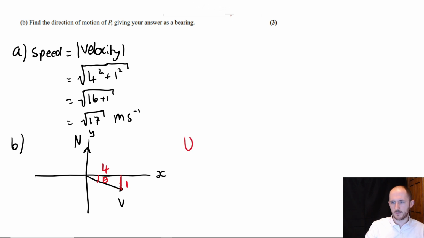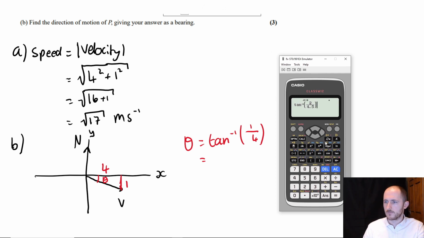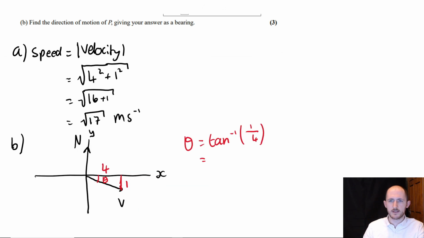So theta is equal to, once again, inverse tan of opposite over adjacent, so 1 over 4, which is 14 degrees.